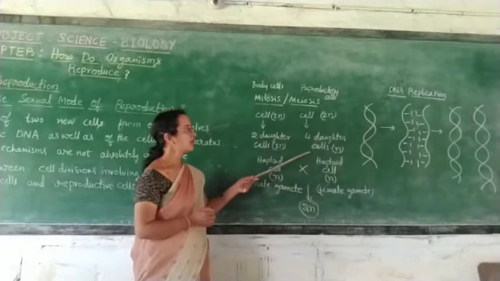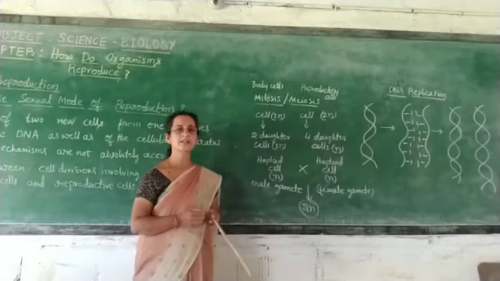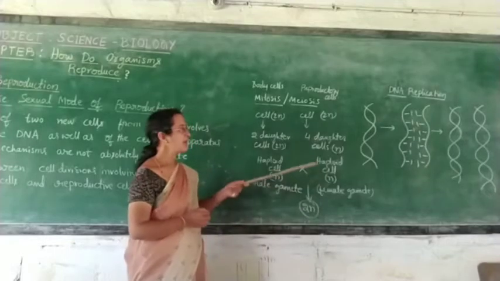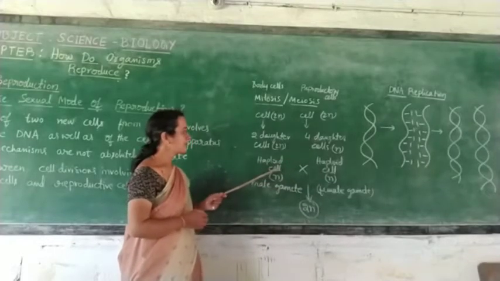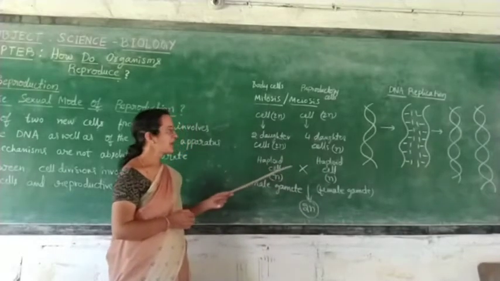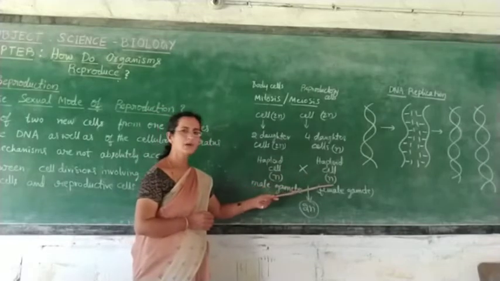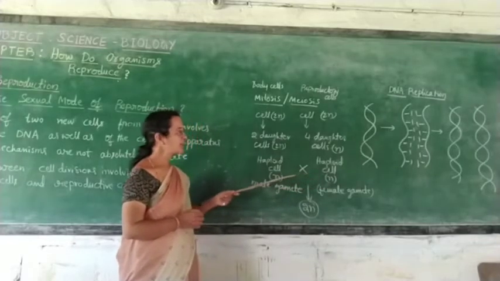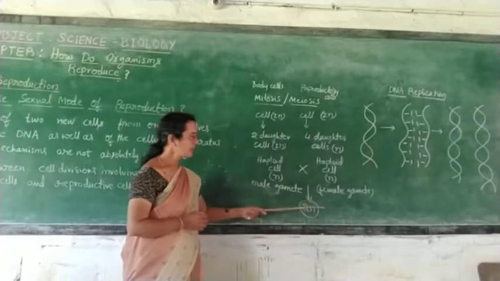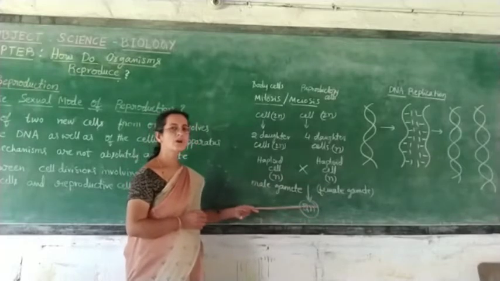These 4 daughter cells are considered as gametes: a male gamete having n number of chromosomes and a female gamete having n number of chromosomes. When they fuse, it retains the original amount of genetic material.